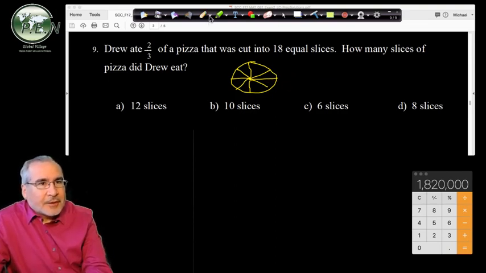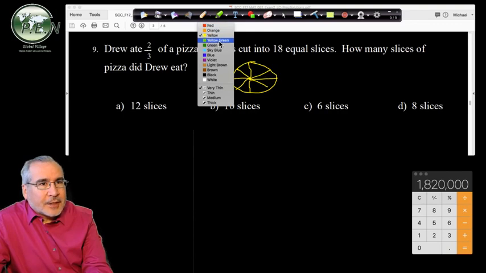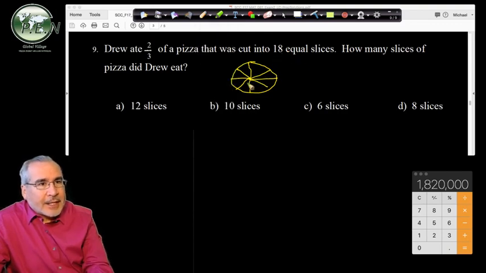What we want to do is change it from talking about how many 18ths we have into how many thirds we have. So we're just looking at how many would be in 2/3 of the pizza.